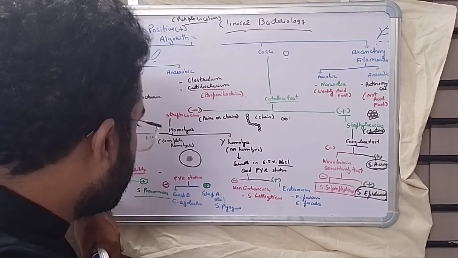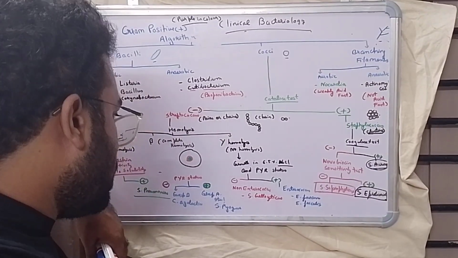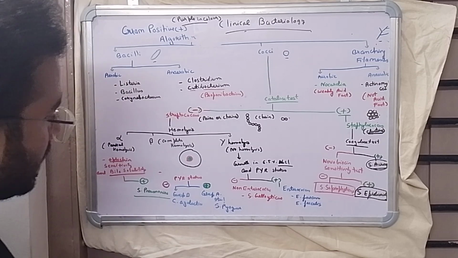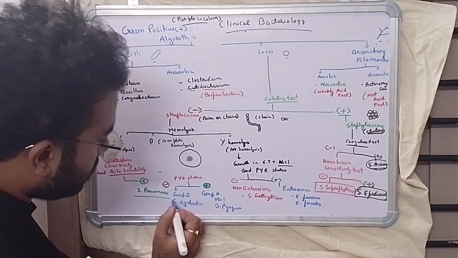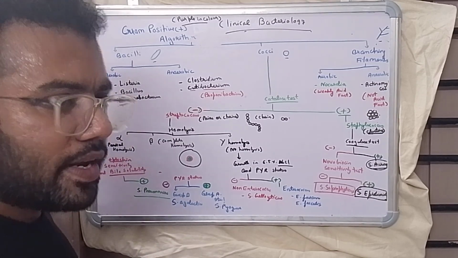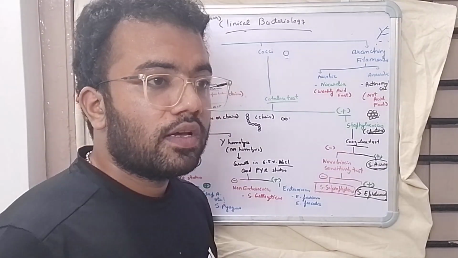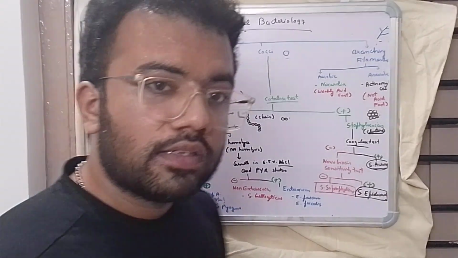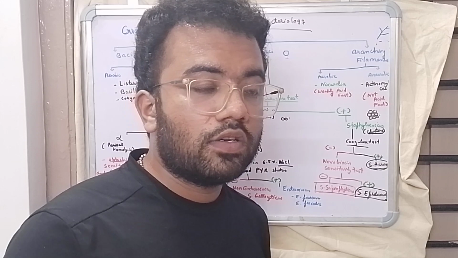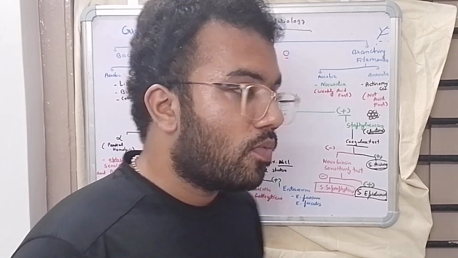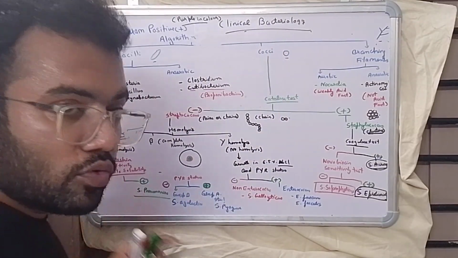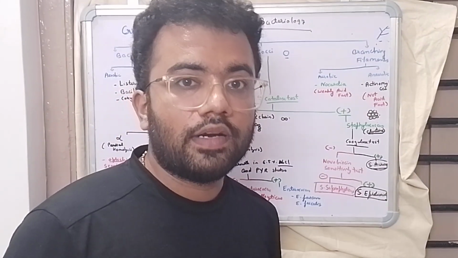So S. pneumoniae is considered to cause pneumonia, and also group B S. agalactiae is responsible for pneumonia and meningitis. Group B S. agalactiae is responsible for meningitis in children, while S. pneumoniae is responsible for meningitis in adults.